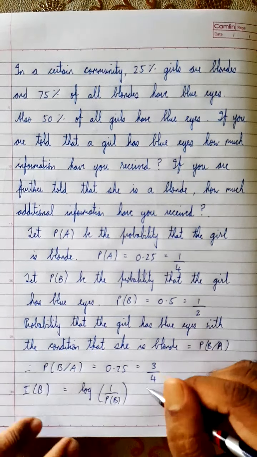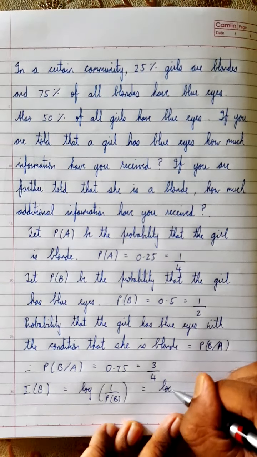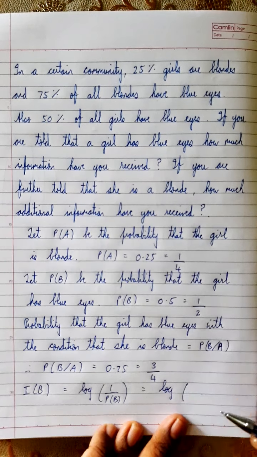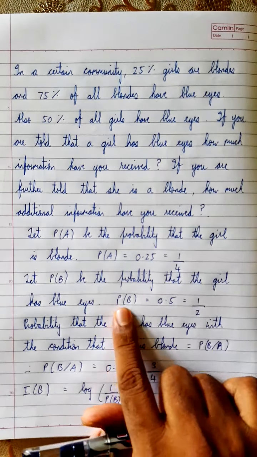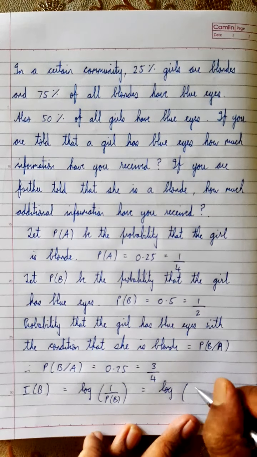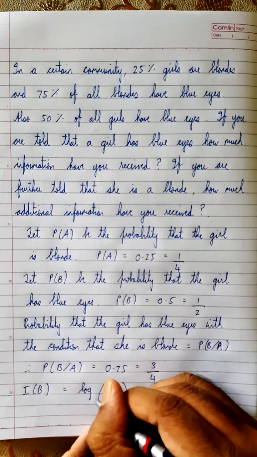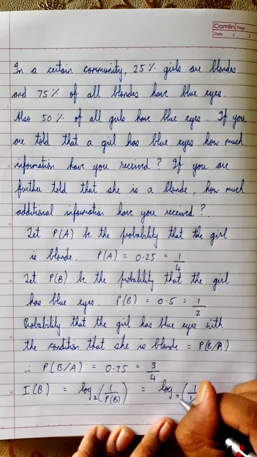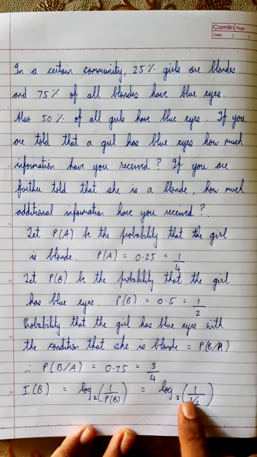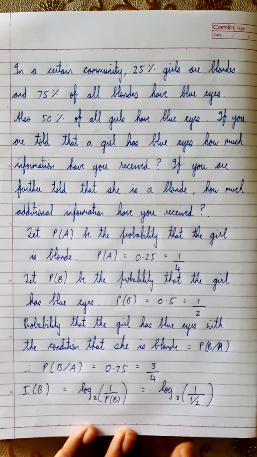And this is equal to log of, and what is P of B? P of B is 0.5 or 1 by 2. So this is nothing but log of 2, base is 2. See, this is where usually everybody makes a mistake. They all forget that the base is 2 and they do the problem thinking that the base is 10. And that's why most students lose marks in the exam.